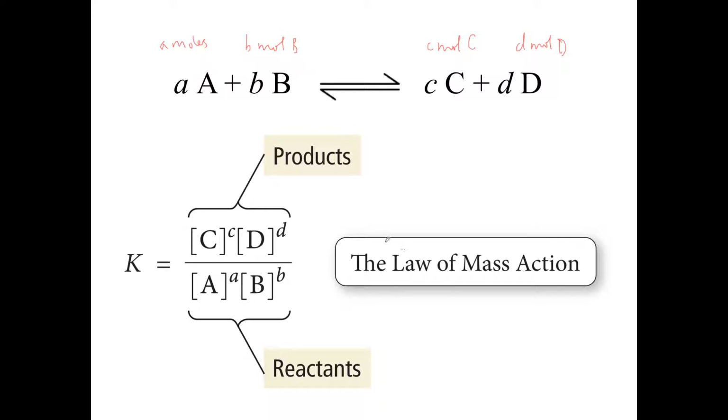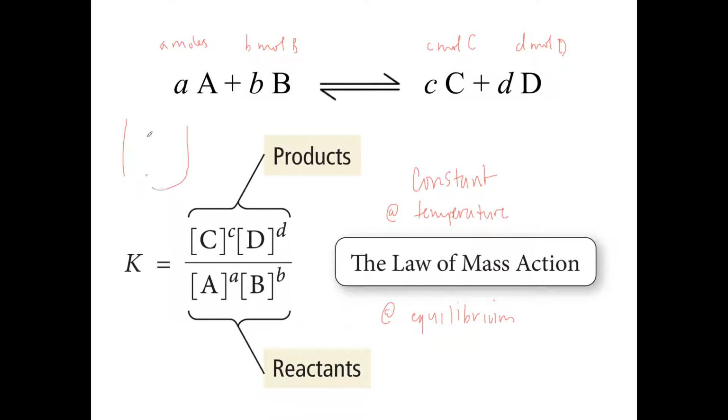The law of mass action says that the ratio of these guys, that is the products over the reactants, is going to be constant at a particular temperature at, big deal here, at equilibrium. Okay? You could always start some reaction out.